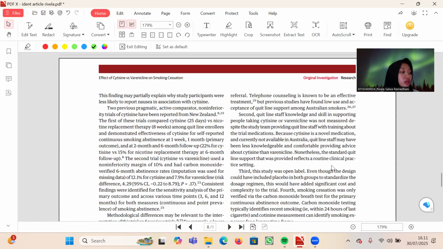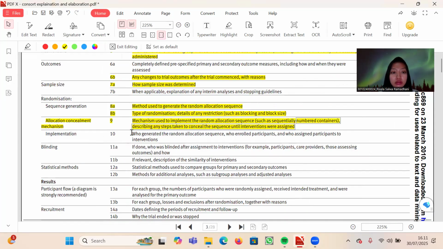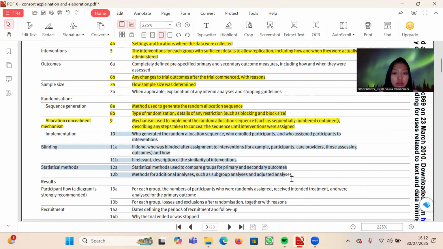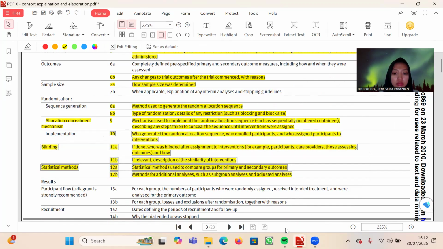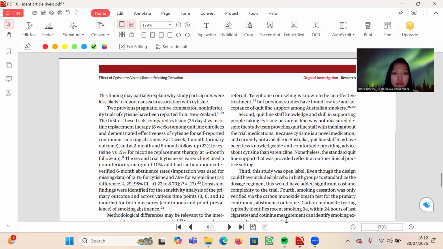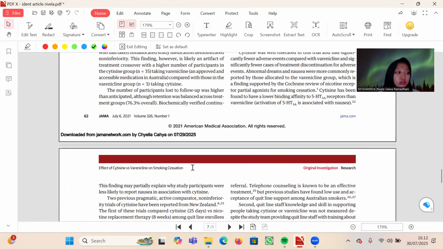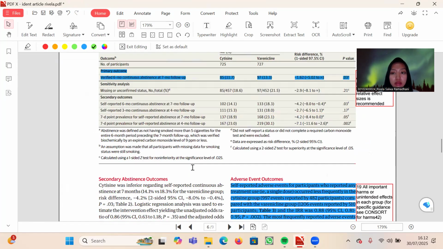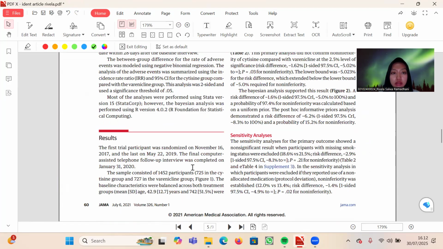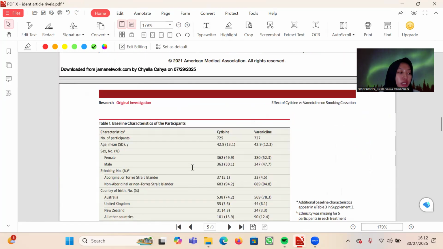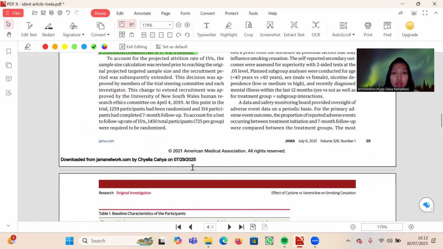Next is the results section, item 13A. This is a CONSORT diagram, shown as Figure 1.